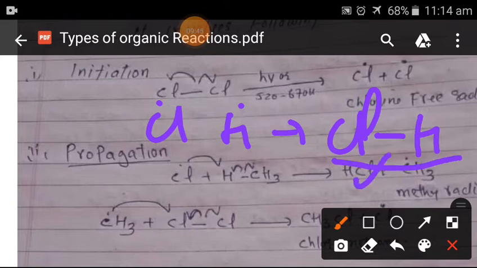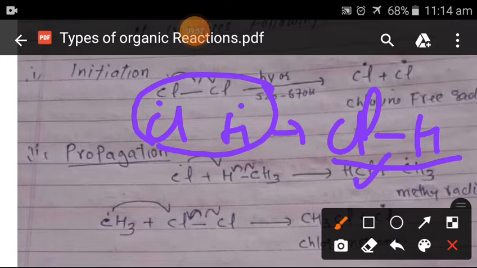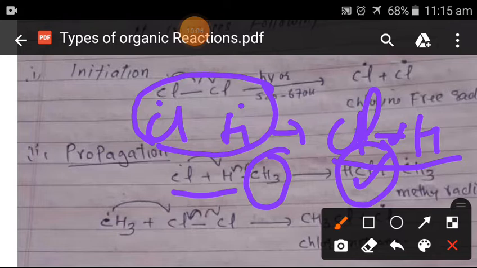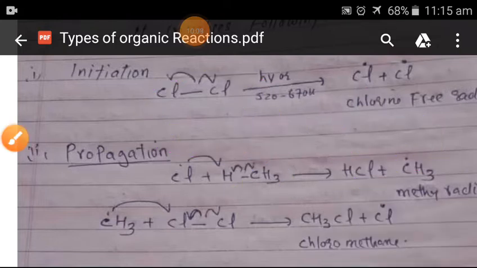This is the HCl formed between chlorine and hydrogen, because a bond involves a pair of electrons. Those two electrons result in the formation of a bond between chlorine and hydrogen, giving HCl, hydrochloric acid. And due to this homolysis, a methyl radical is generated here, because the methyl group now has an unpaired electron.